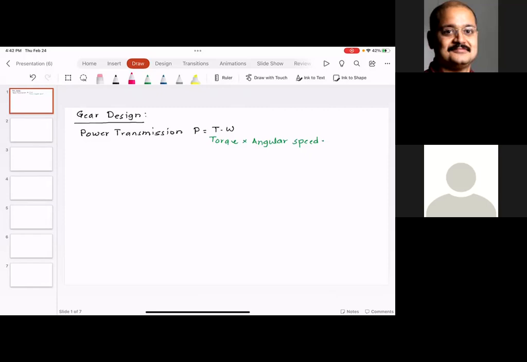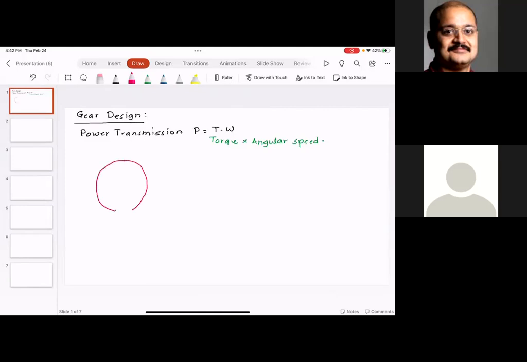So there are lots and lots of gears when it comes to practical applications. However, let me tell you, spur gear design is the fundamental design that prevails through all these different variations of gears.